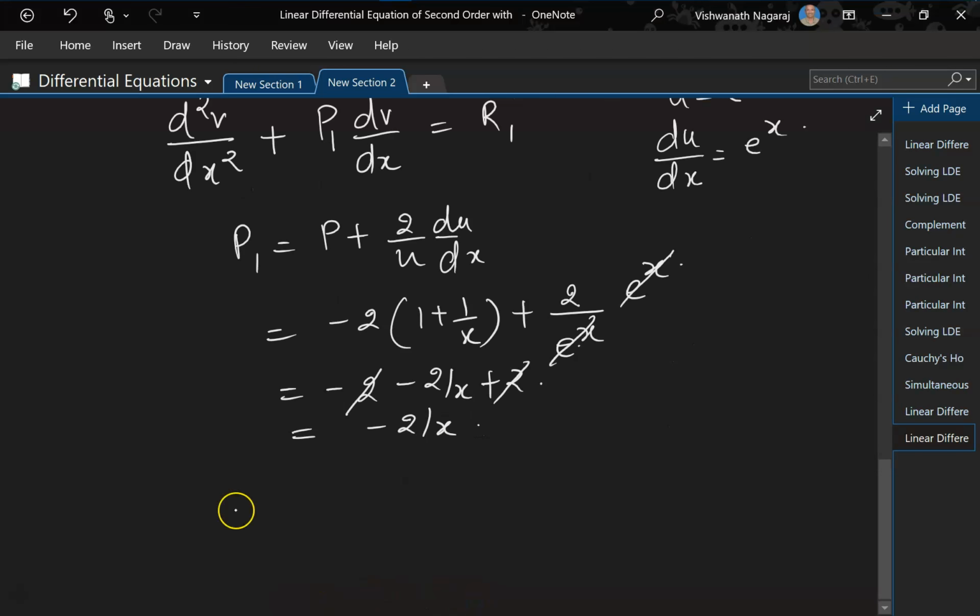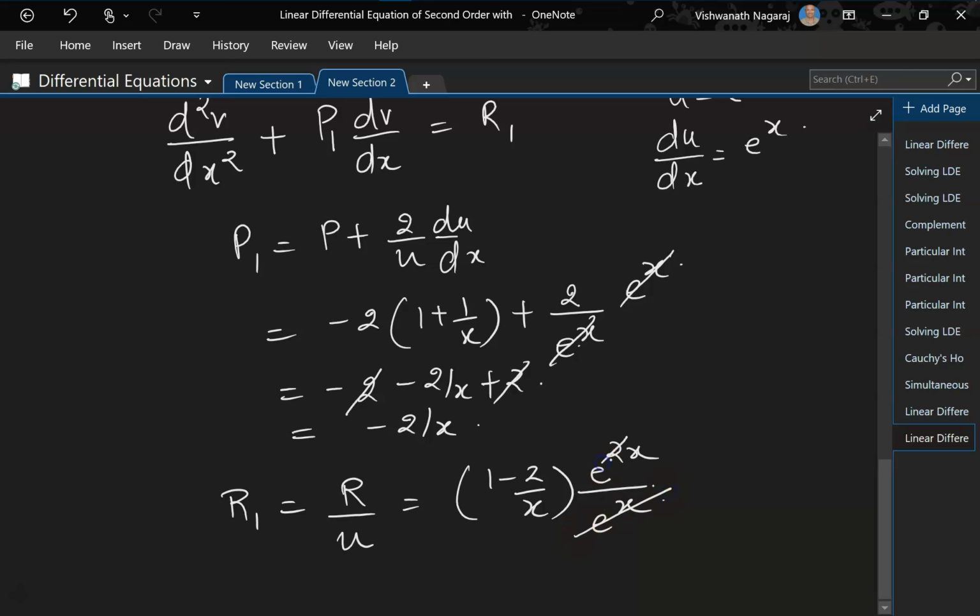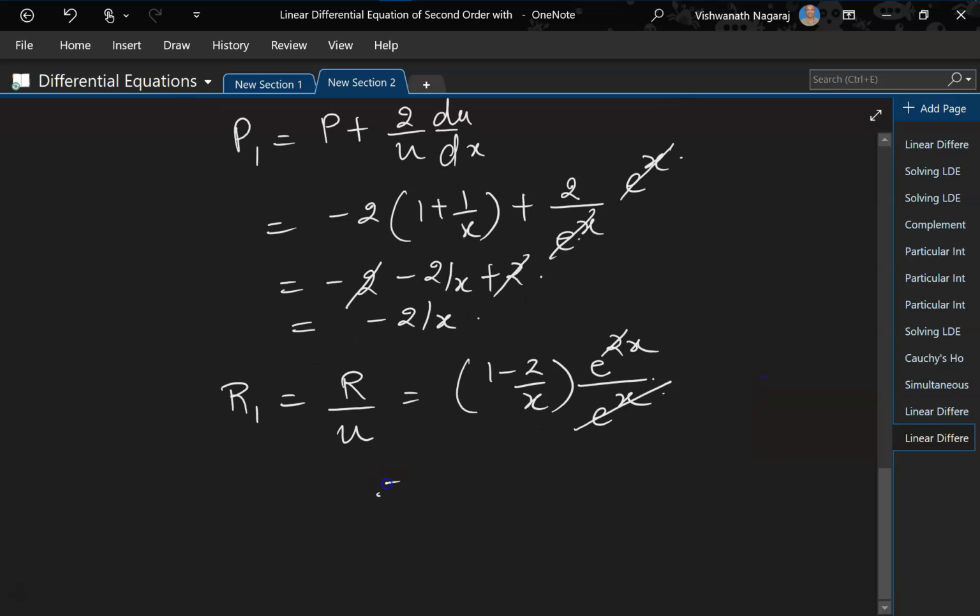Okay, let's try to figure out r1. r1 is equal to r by u. Now r is (1 minus 2/x) e to the power of 2x, divided by u. So u is e to the power of x, which means this and this cancel out, and we are left with (1 minus 2/x) times e to the power of x.